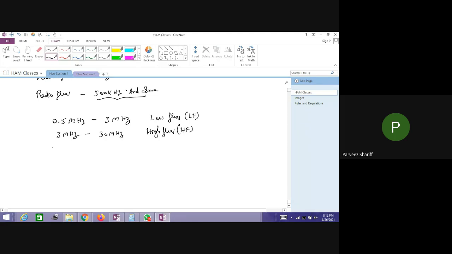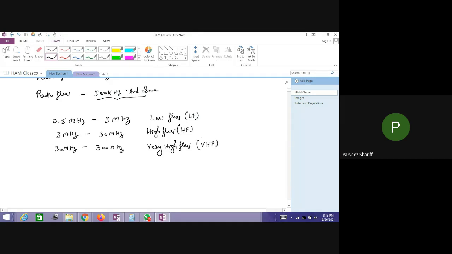Let us call this as HF. Then 30 megahertz to 300 megahertz is called as very high frequency. It is called as VHF.